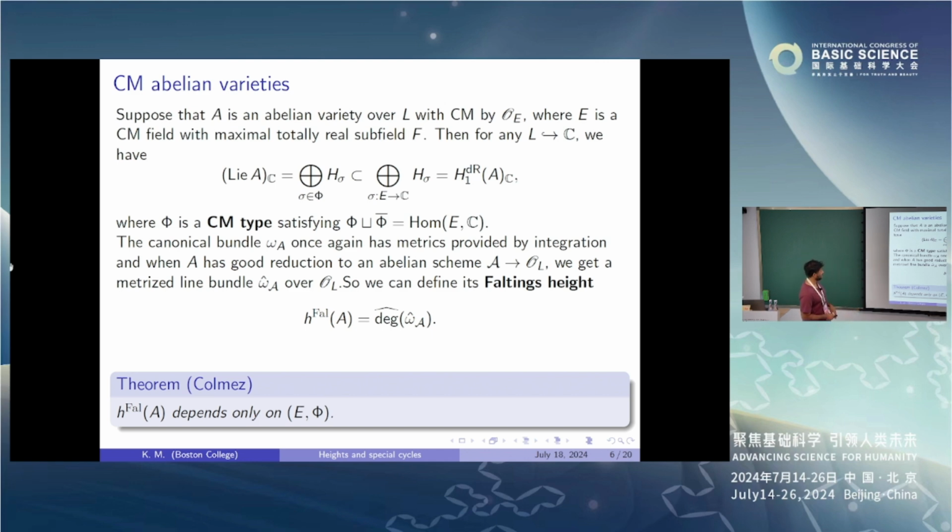But it actually doesn't depend on A. You can choose any abelian variety over L with CM by O_E and that CM type, and you get the same answer when you compute its Faltings height. And this is non-trivial.